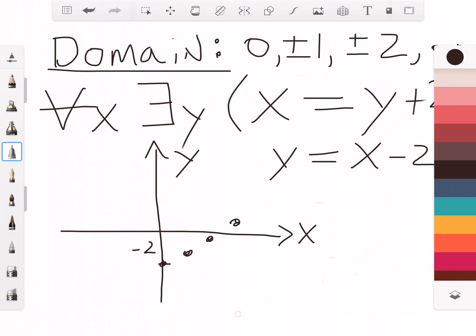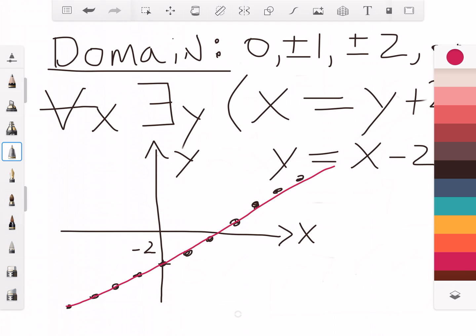A bunch of dots. Now, it would not be correct to connect these dots with the line, because here our domain is just the discrete points, 0, plus or minus 1, plus or minus 2, plus or minus 3.